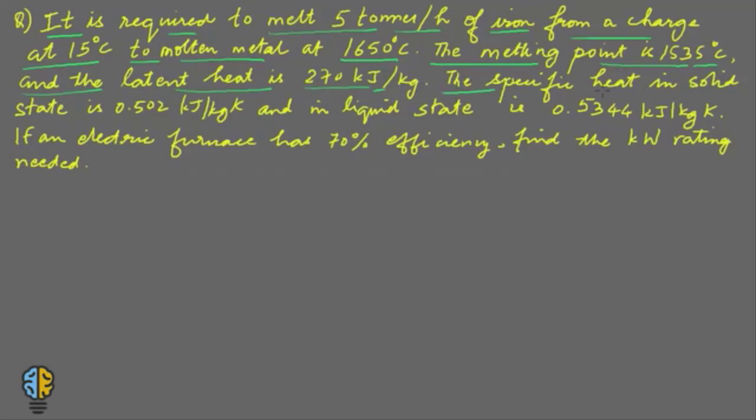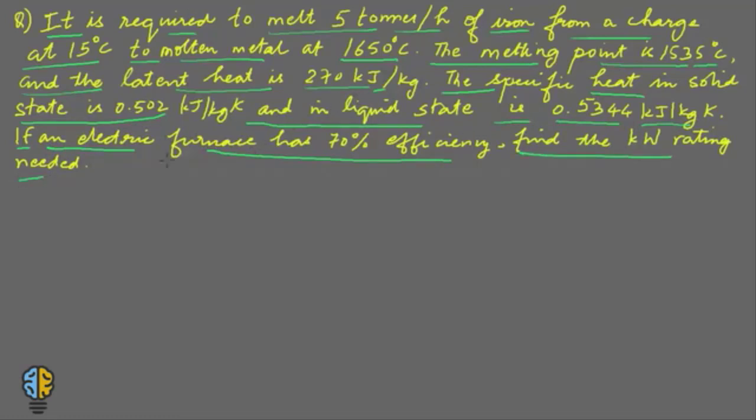The specific heat in solid state is 0.502 kilojoule per kg Kelvin, and in liquid state is 0.5344 kilojoule per kg Kelvin. If an electric furnace has 70% efficiency, find the kilowatt rating needed.